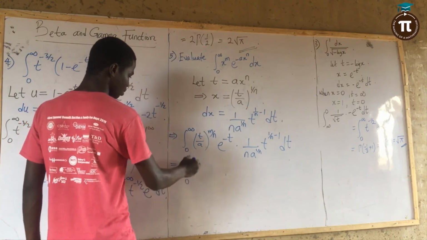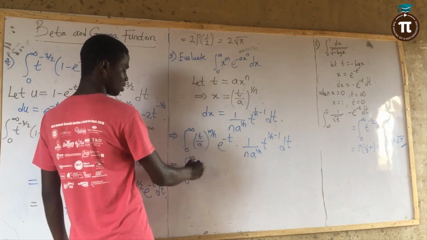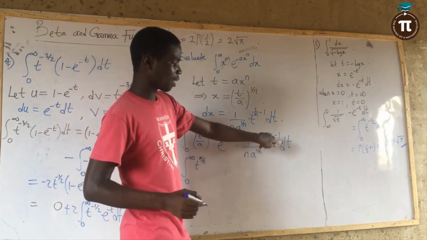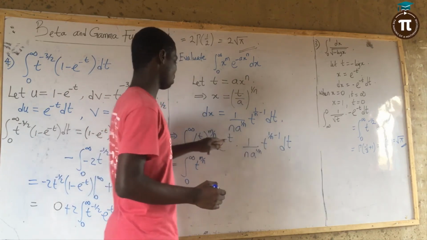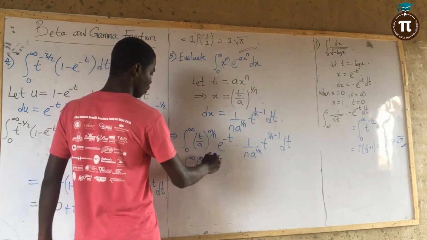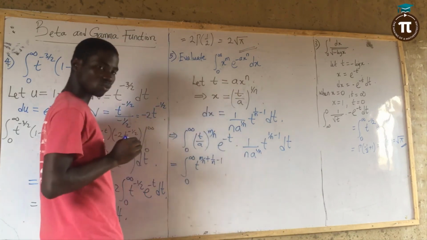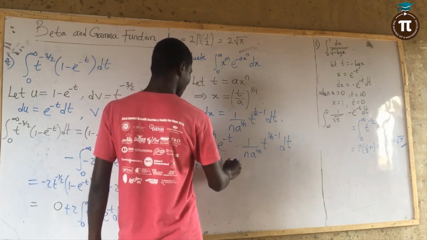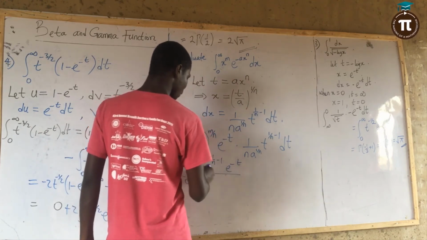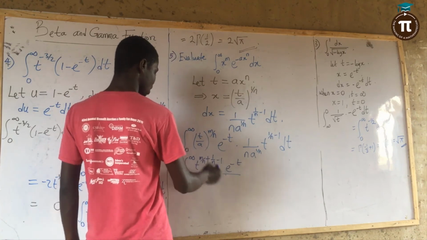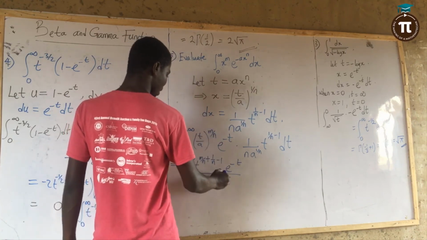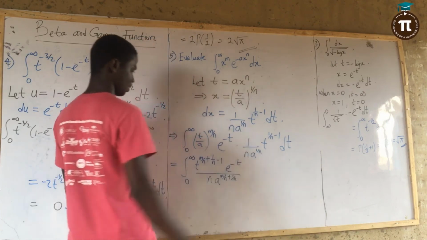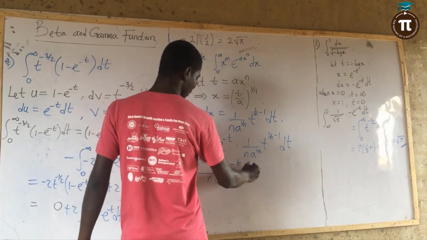This one will become integral from 0 to infinity. This is t raised to the power of m over n, and this is t raised to the power of 1 over n minus 1. Law of indices, it will become plus 1 over n minus 1, e raised to the power of minus t. Everything over n, this is a also raised to the power of m over n, then I also have plus 1 over n, dt. That is what I will have.